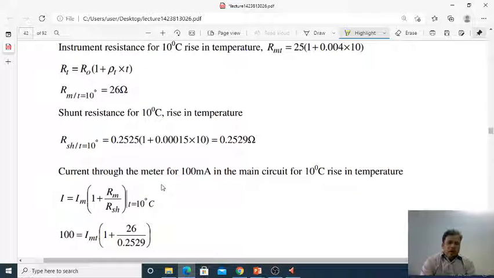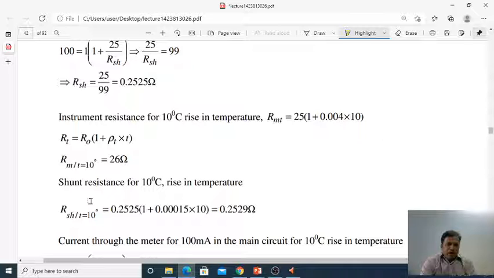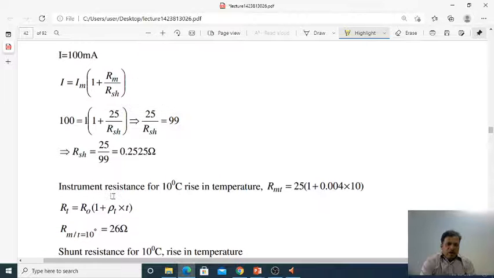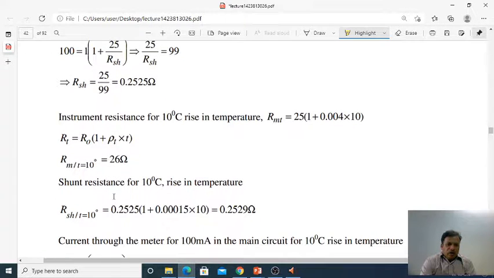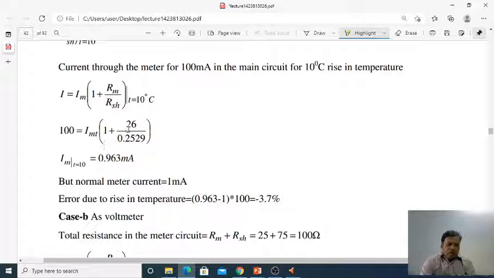Now the current through the meter for 100 milliamperes in the main circuit at a 10 degrees centigrade rise in temperature is given by I equals Im into 1 plus Rm by Rsh. So now we change the values: 100 equals Imt into 1 plus 26 by 0.2529.